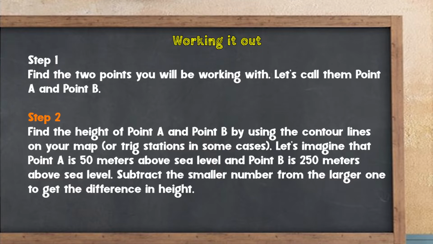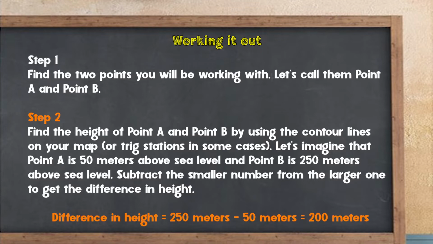Now we're going to subtract the smaller number from the larger one to get the difference in height. In this case, the difference in height will be equal to 250 meters minus 50 meters, equal to 200 meters, as you're seeing on screen.